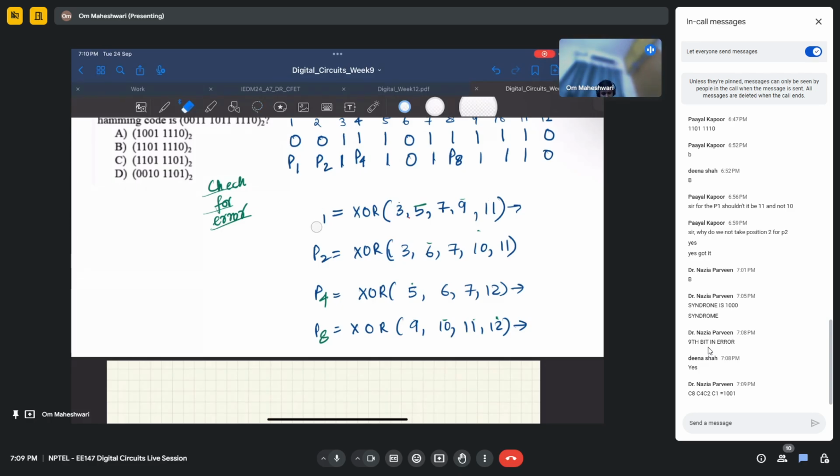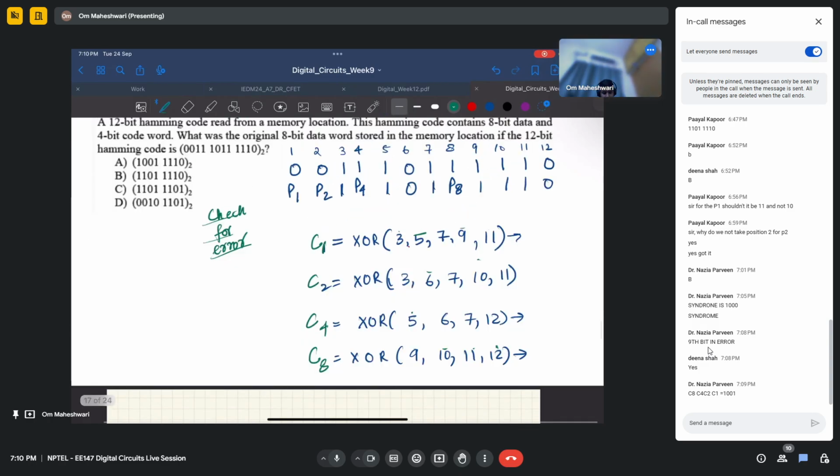So instead of P, we introduce C1, C2, C4, and C8. Now what is different in the calculation of the C's instead of the P's? This calculation is for P1. To calculate C1, we will include the first bit also here. Similarly in C2, we will include bit 2 here. In C4, we will include bit 4 here. In C8, we will include bit 8 here. So this is how we determine the check bits.